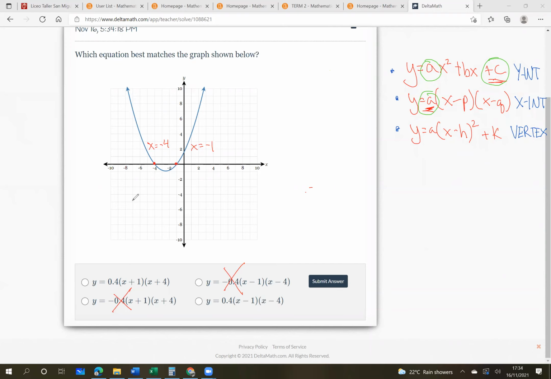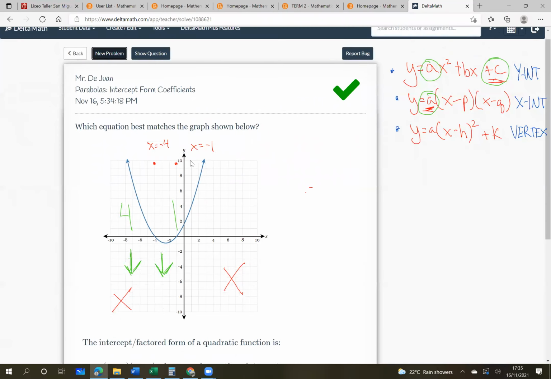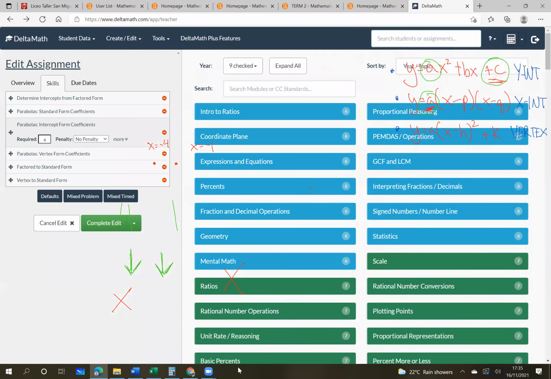The x-intercepts, therefore, in the equation have to be 4 and 1, the opuesto, which I can clearly see I have right here. It has to be this equation, 4 and 1. Boom, checkmate, jaque mate. All right, I hope those make sense to everyone.